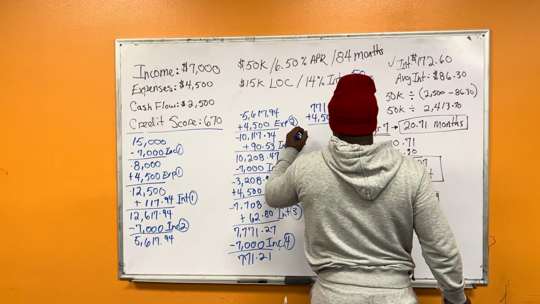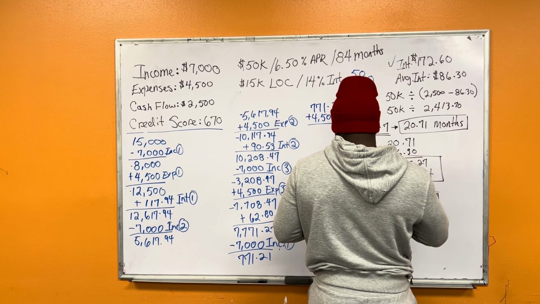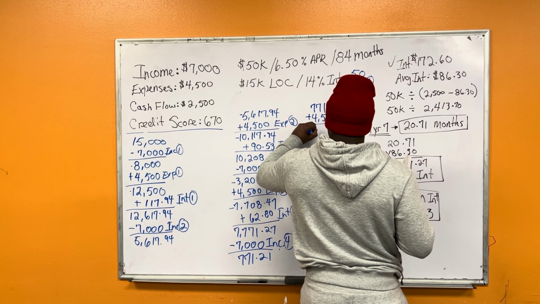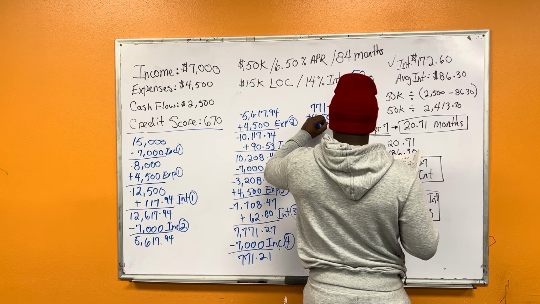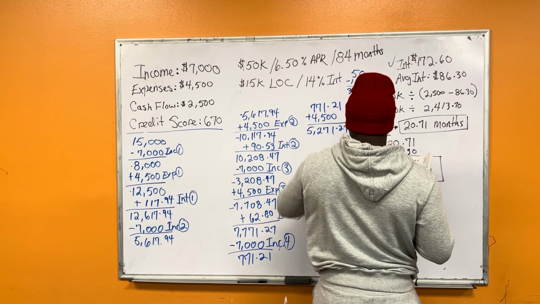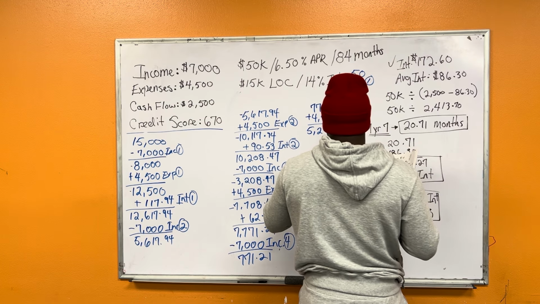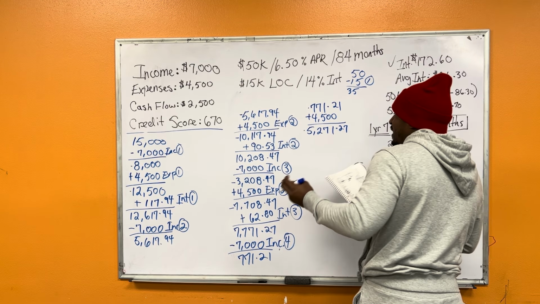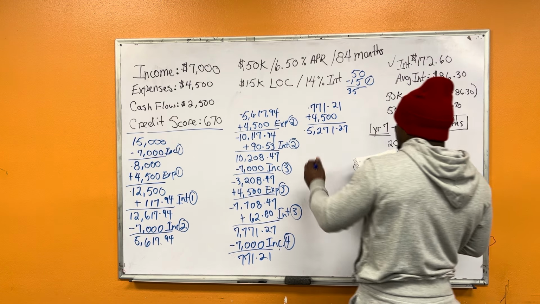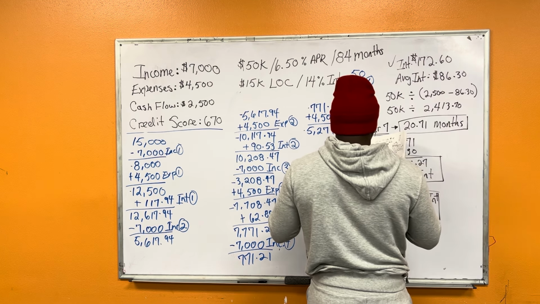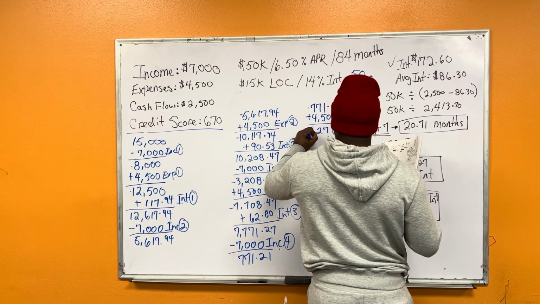So now we're at $5,271.27. Now we do the interest. We take this number and do the average daily balance.